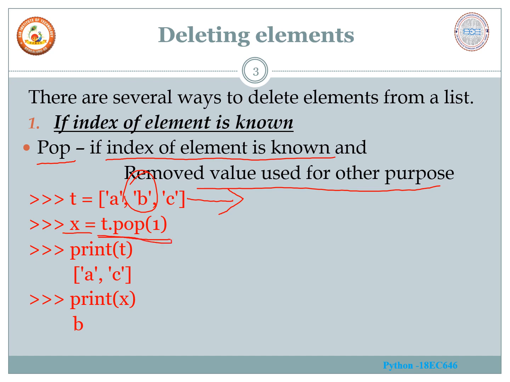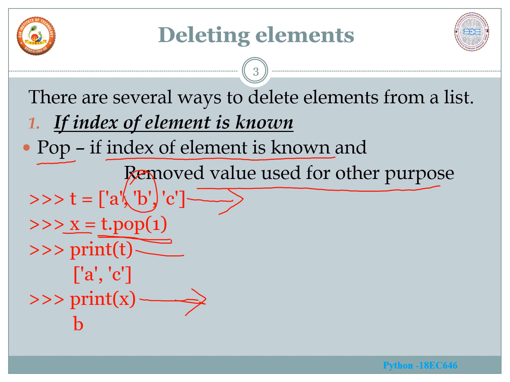It is stored in x. x contains the removed value. When you print t, it prints only A, C because B has been popped. When you print x, whatever value you have removed will be stored in the x variable. So pop is going to modify the list and return the element that was removed.